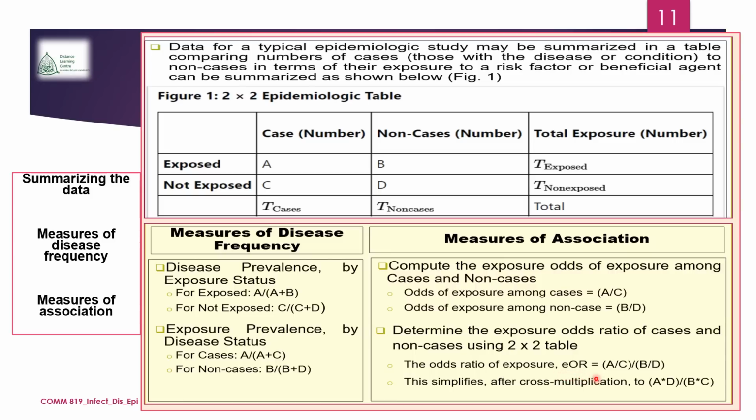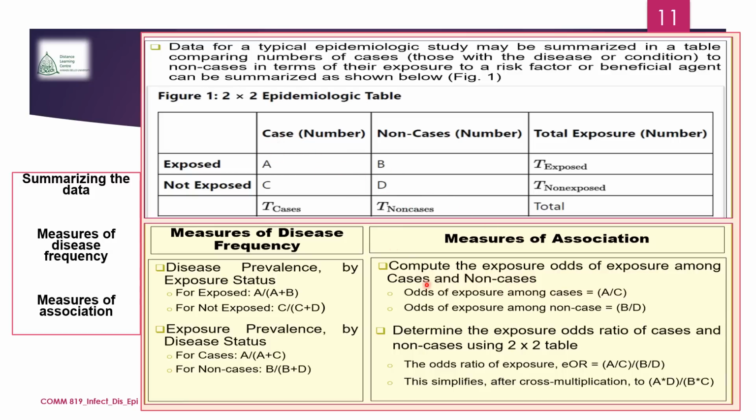Exposure odds ratio will be A over C divided by B over D. That is simply odds of exposure among cases divided by odds of exposure among non-cases. Simple as that. If you cross multiply, you get A times D divided by B times C.